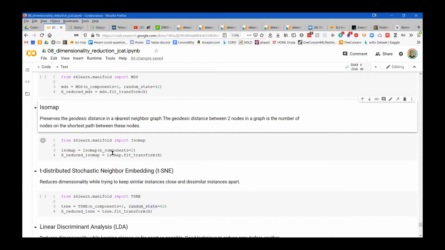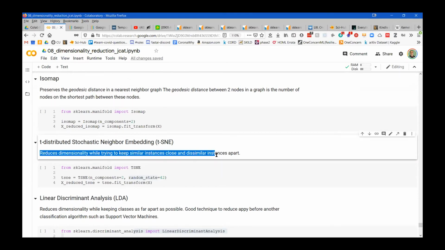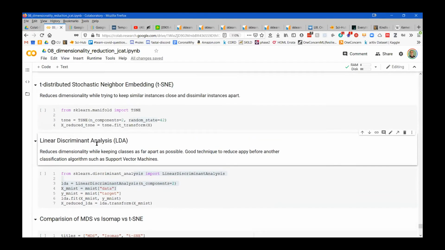There's the TSNE, which we've seen. It's mostly a visualization technique, and its goal is to reduce the dimensionality while trying to keep similar instances close by and dissimilar instances far apart, which seems like a reasonable thing. And then the last one he talks about is linear discriminant analysis, which reduces dimensionality while keeping the different classes as far apart as possible.